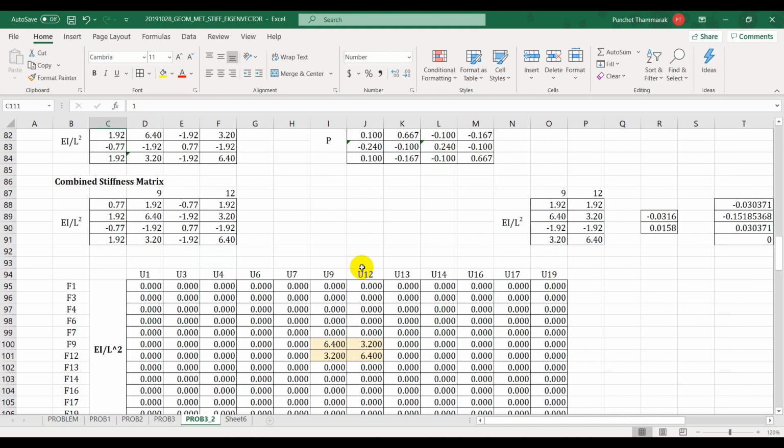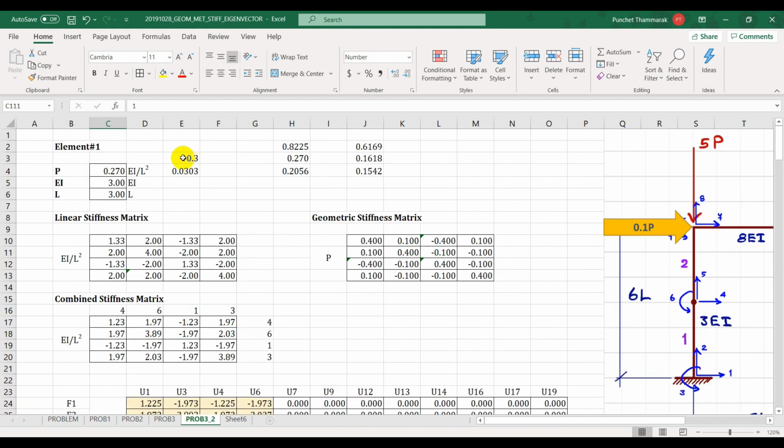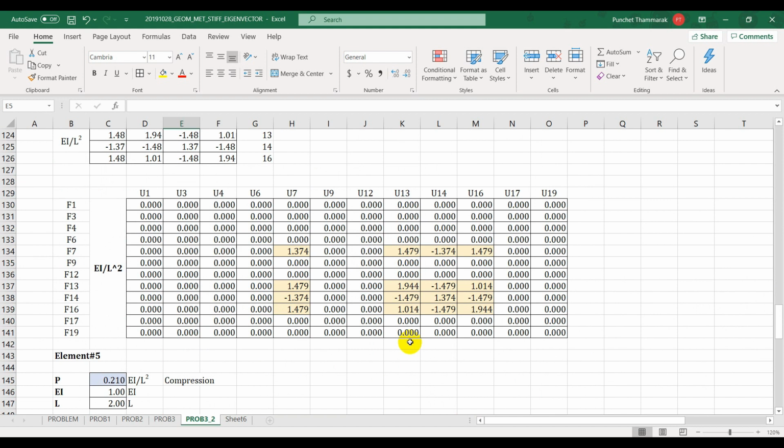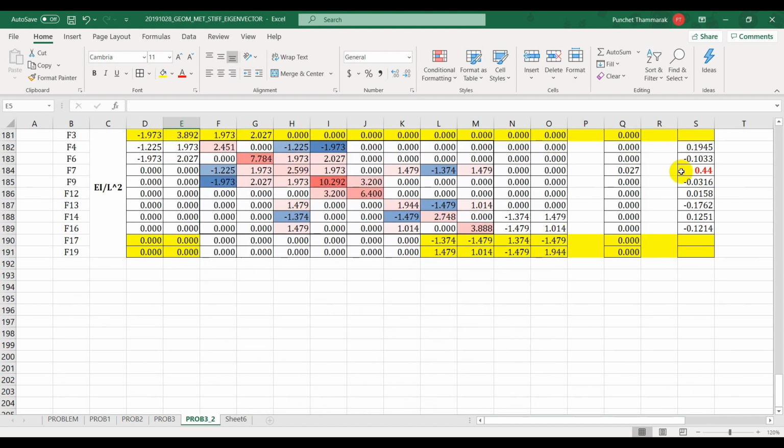Where is my 0.304? Okay, let's see. 0.30, yeah, 36, 304. Okay, good enough. Then just copy this 0.44.